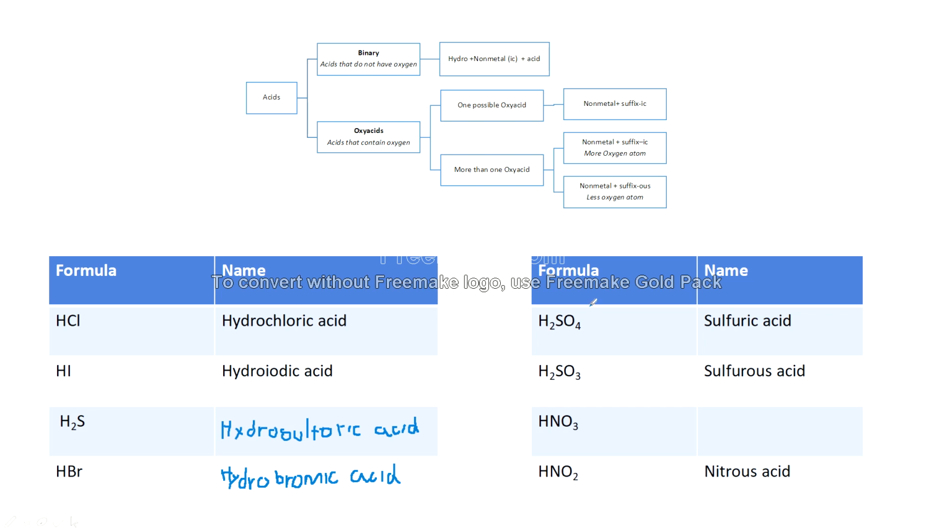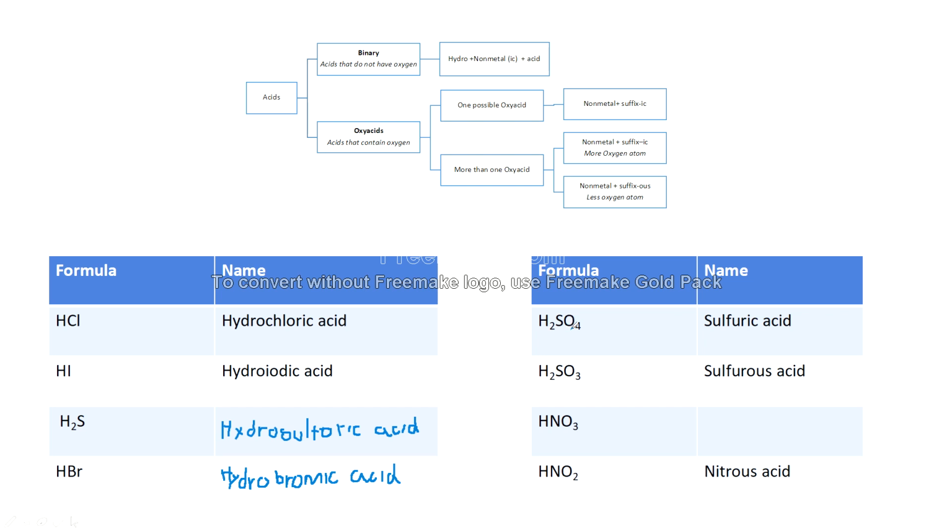In case of oxyacids, we can see that we have the presence of oxygen in all of these four acids. So we start with the name of the non-metal, that is sulfur, and then we need to check whether there is more than one oxyacid, and then the word acid. As we can see, there are two possible oxyacids.